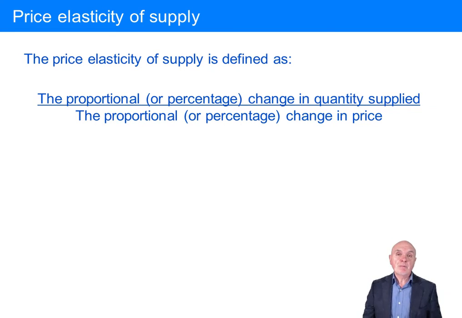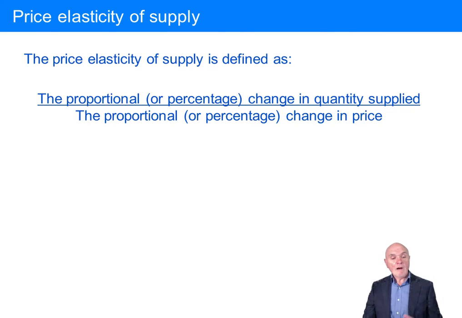So if the price were to go up maybe 5% and producers were willing to produce like 25% more, then you have a price elasticity of supply of about 5. In other words, it's very price sensitive. Lots more suppliers will come in for this small change in price. Maybe it's easy for them to get into the market.